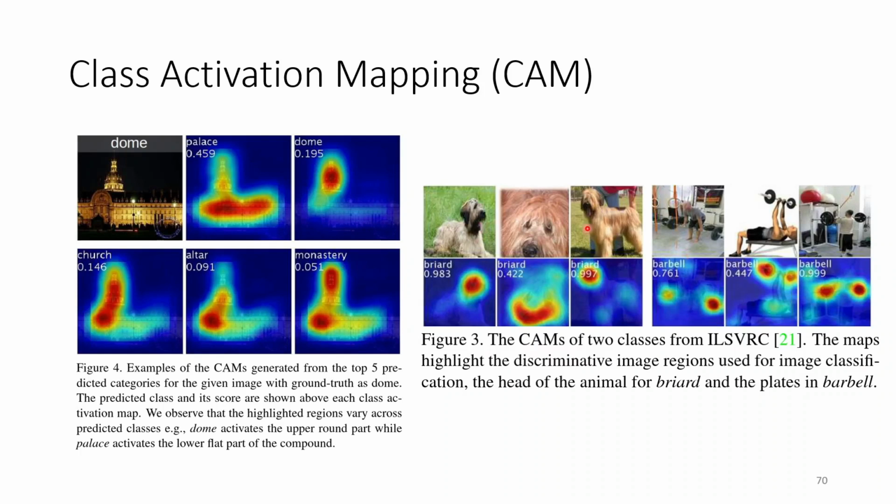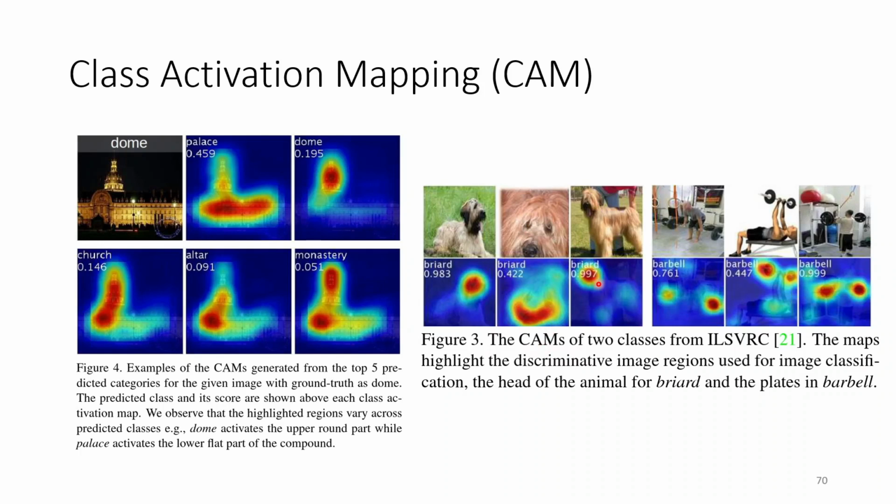This is another example. There are 3 different dogs, and if we use the CAM technique to extract the class of Briard, then we will see what the convolutional network sees. For this image, it sees this is the breed of Briard because it sees the head. For this image, it sees the nose, and for this image, it sees the head.